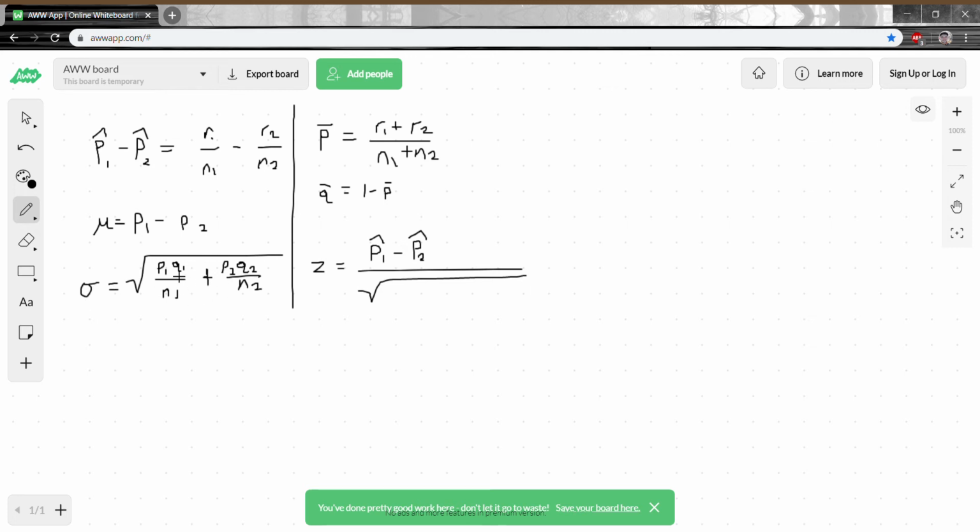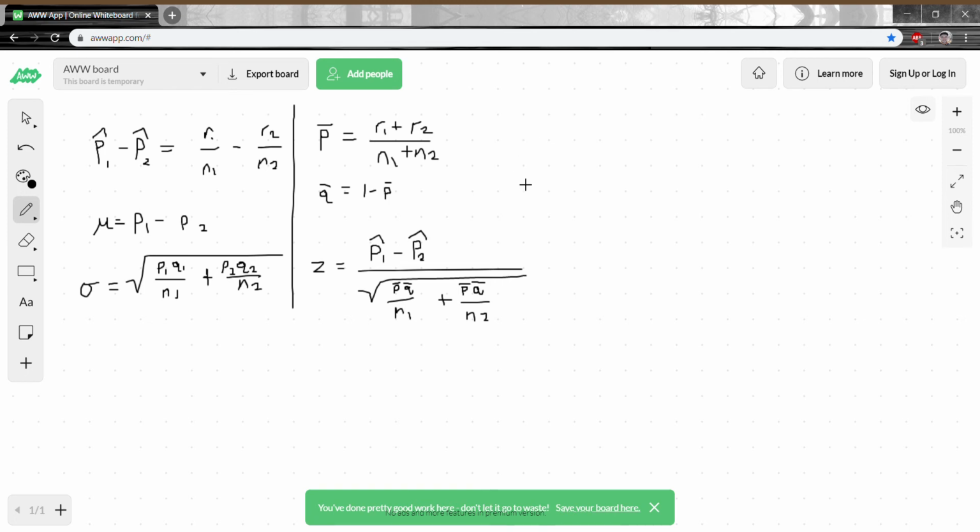We're going to rewrite it how we wrote it here, and we're going to say P bar times Q bar over N1 plus P bar times Q bar over N2. This is going to simplify the equation for sigma because this is an easy thing to calculate, and these variables are going to stay the same here and here.